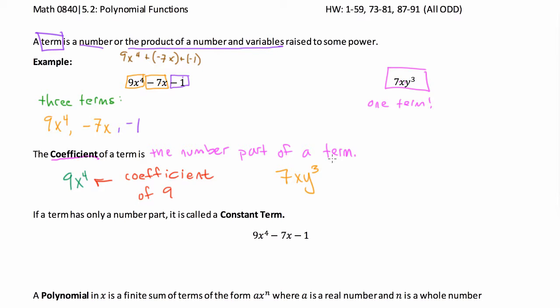And if I have this term, 7xy cubed, that term has a coefficient of 7. Now, if a term only has one part, it's just the number part. If a term is just a number part, then it's a constant. So here, this has a constant term.